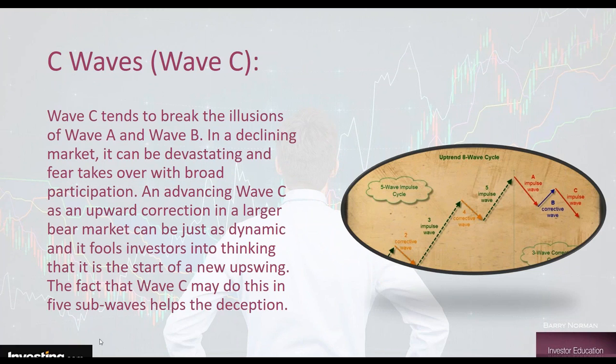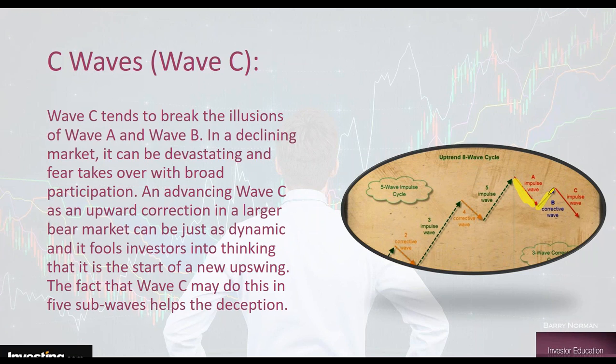Now, wave C. Wave C tends to break the illusions of wave A and B. In a declining market, it can be devastating and fear takes over with broad participation. So what happens is we have wave A, which most traders haven't caught on to. It is a downtrend, a reversal of the uptrend, and moving. So they're just saying, no, we're just waiting for it to rebound back into the uptrend.